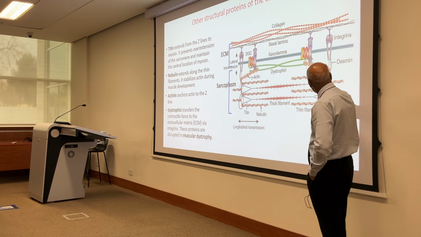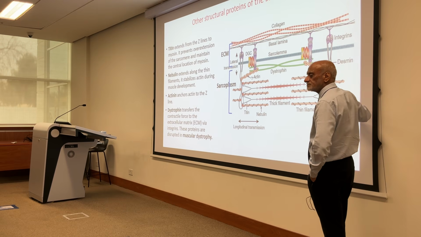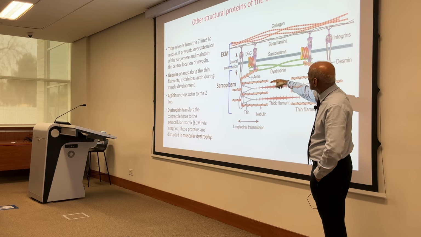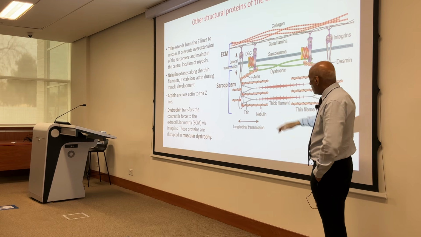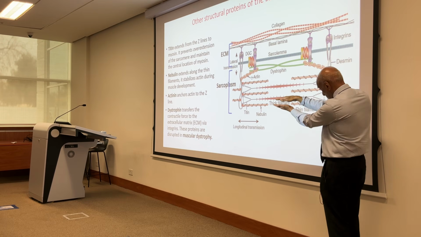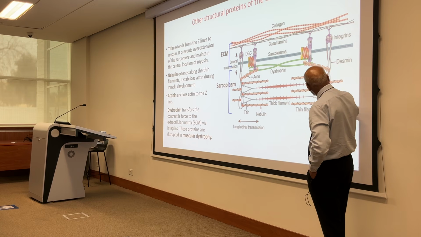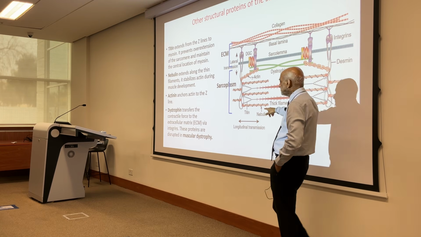Who attaches the actin to the Z line is a protein called actinin. Actinin attaches actin to the Z line. Okay? Who keeps the actin straight is this protein here, called nebulin.